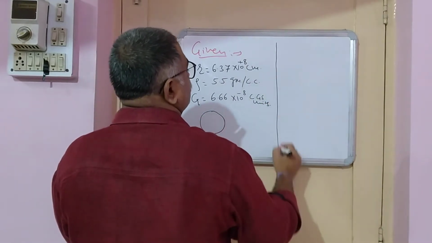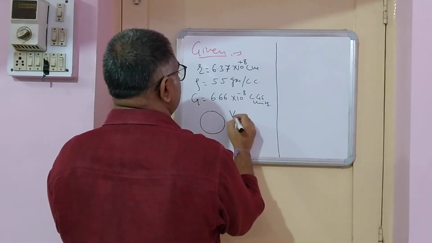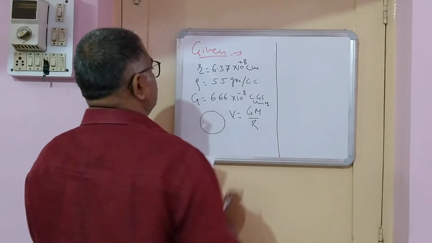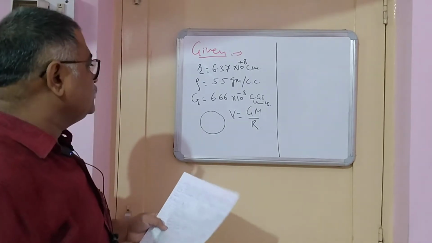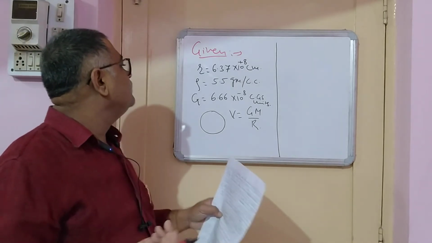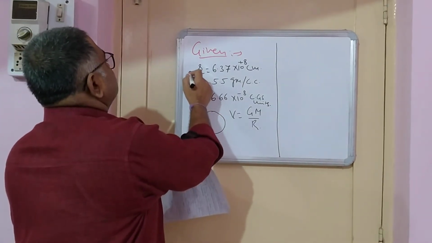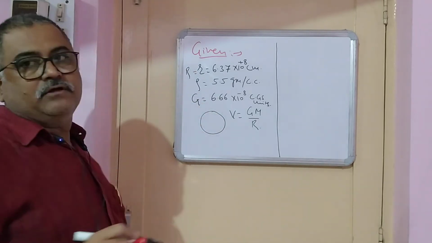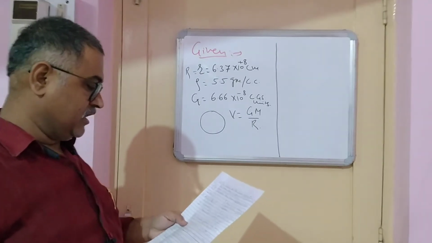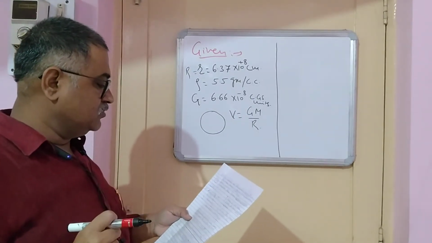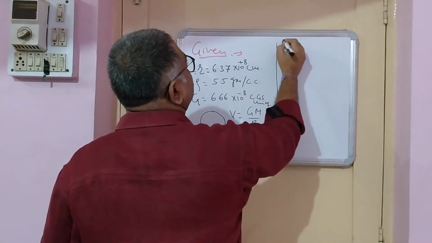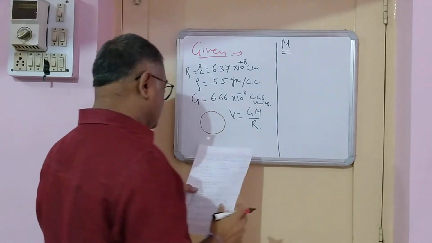V equals GM by R. Here we know G, and we have a value of R. But what about M? To calculate the potential we should know M. What is M? M is nothing but the mass of the Earth. How can it be calculated?